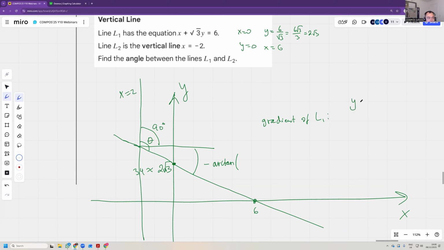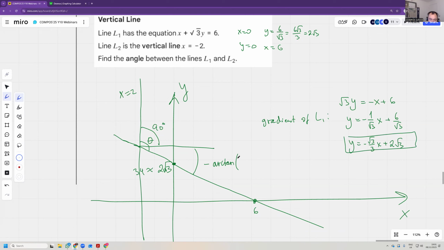So root 3 y equals minus x plus 6. y is minus 1 over root 3 x plus 6 over root 3. So y is minus root 3 over 3 x plus 2 root 3. That's the equation of the line.